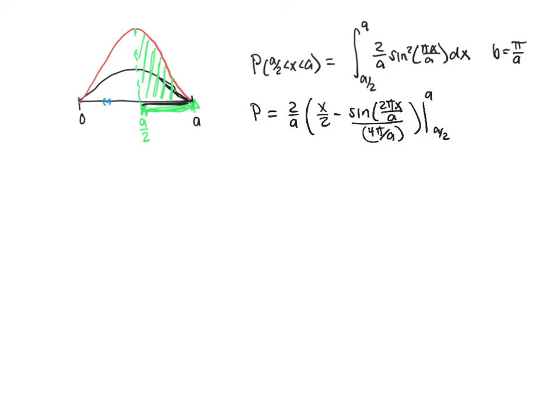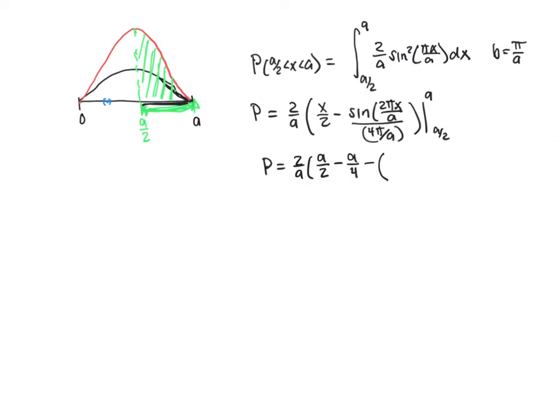So when I do that, I put in a for x, so I have 2 over a, and then a in for x, so a over 2, and then minus what I get when I put a over 2 in for x. If I put a over 2 in for x, I have a over 4. And then I need to subtract what I get when I plug in the limits to the x in my sine function.